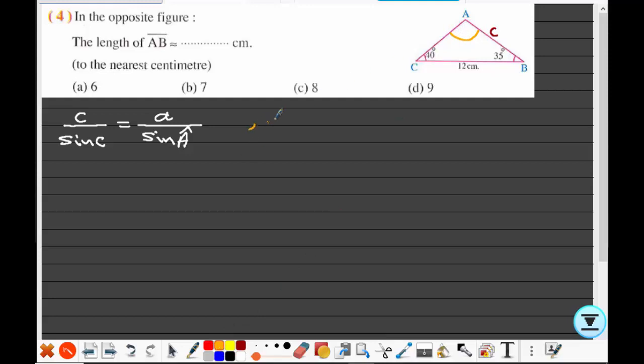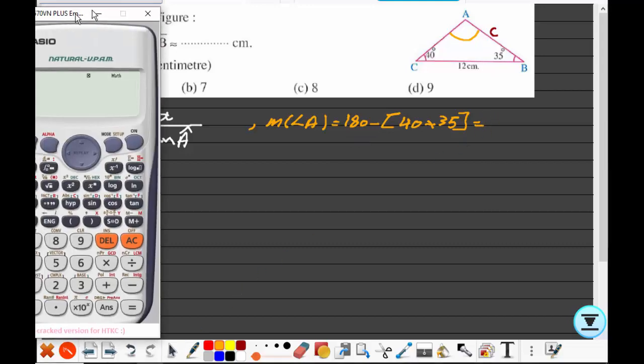Now we must find the measure of angle A here. Measure of angle A equals 180 degrees minus 40 plus 35, which equals, you can use a calculator here.